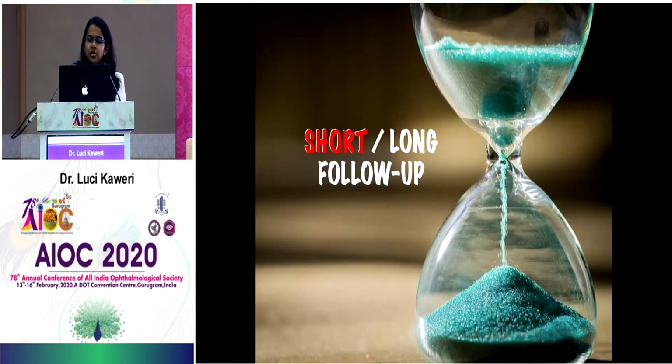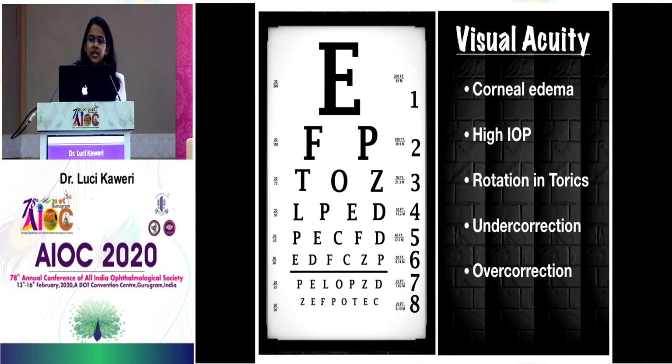Now looking at short-term follow-up, once the patient has been operated, in the immediate post-operative period, what all parameters should we be looking into? The first and the earliest key to any abnormality is the visual acuity. Visual acuity on the first day post-op would let you know whether there was too much surgical manipulation, and if that was the case, it would be something which would settle down easily.